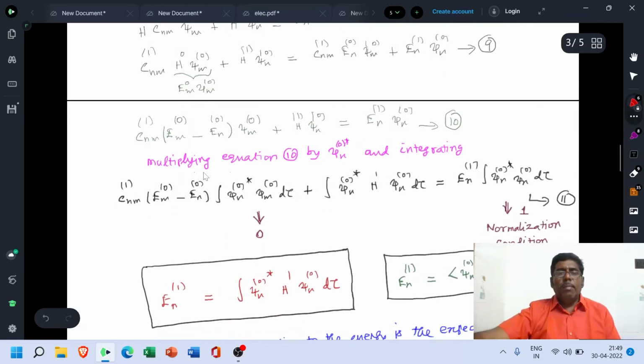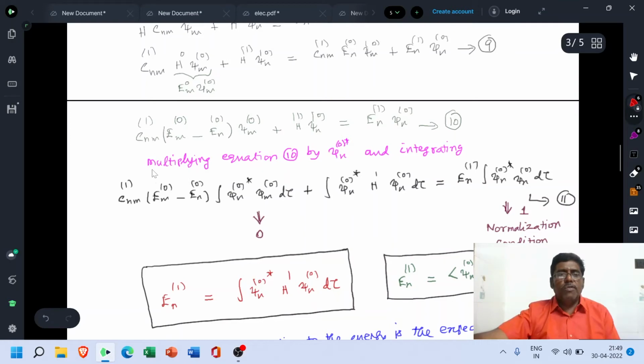Now multiplying equation 10 by psi n0 star and integrating, because our aim is to evaluate the value of En1, and psi n0 is available here. If you multiply this equation 10 by psi n0 star and then integrate, we can get our normalization condition, integral of psi n0 star psi n0 d tau equal to 1.